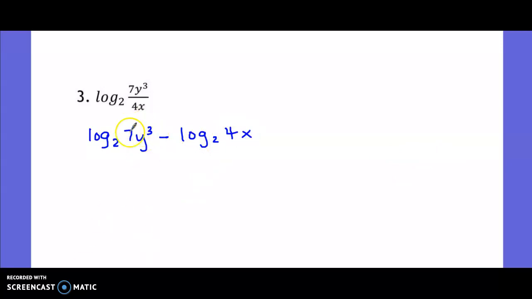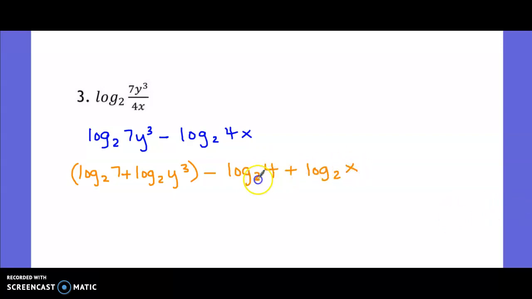And then this is multiplied, and also this is multiplied. So then log base 2 of 7 plus log base 2 of y cubed minus, now this is also multiplication, so log base 2 of 4 plus log base 2 of x.